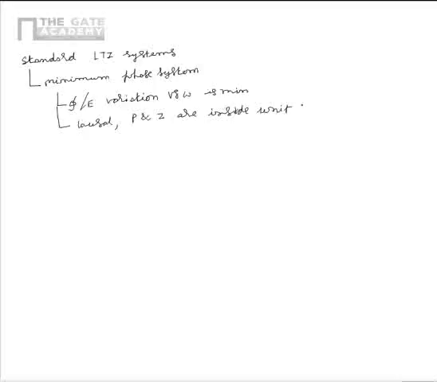So in this case, we can say that if poles and zeros are inside unit circle, the minimum phase system, that is say H of z, and the corresponding inverse system, Hi of z, which we will be discussing about shortly, will be stable.